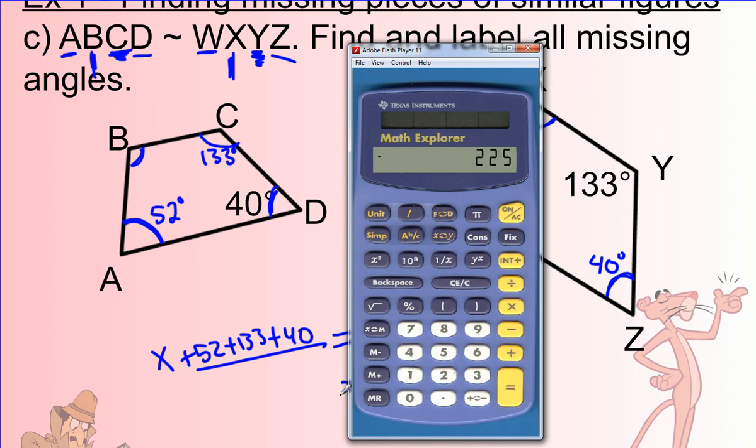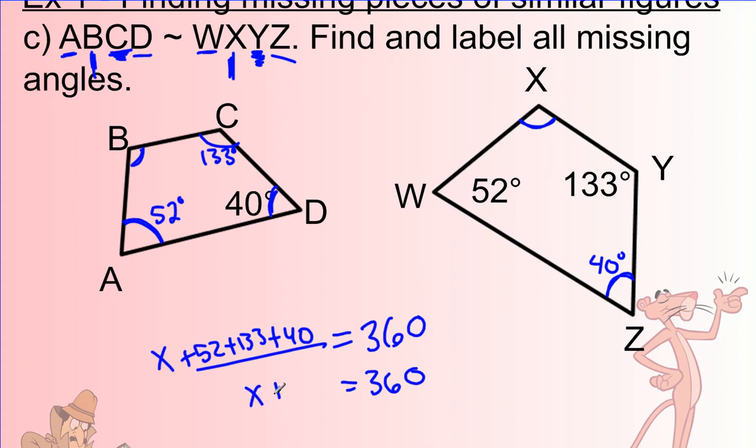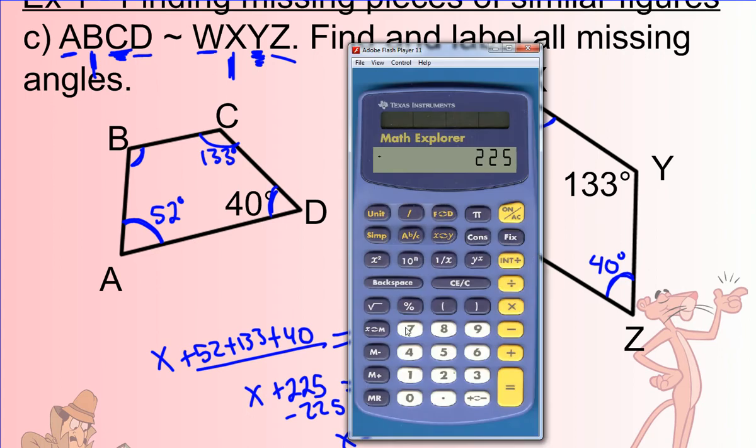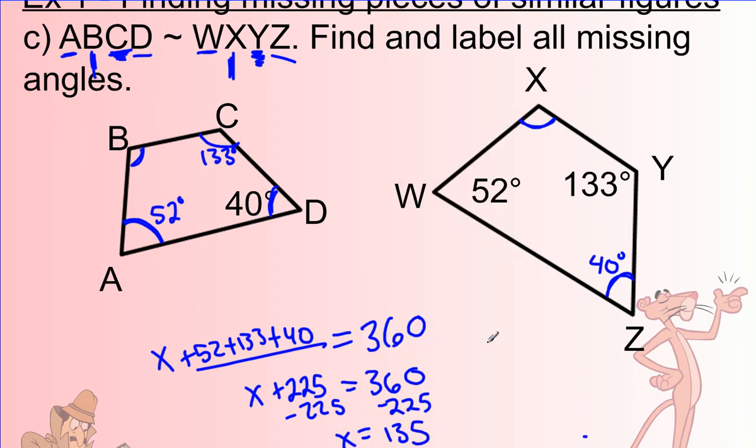That makes more sense to me. 225. And then solve the little dinky equation. Subtract 225 on both sides. And x equals 360 minus 225. 135 degrees. So that is my angle x, 135.